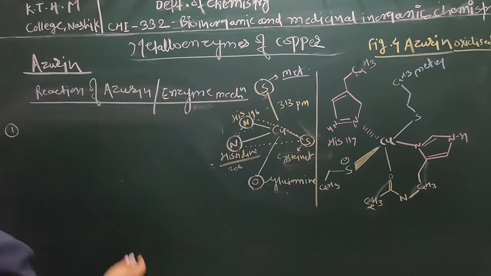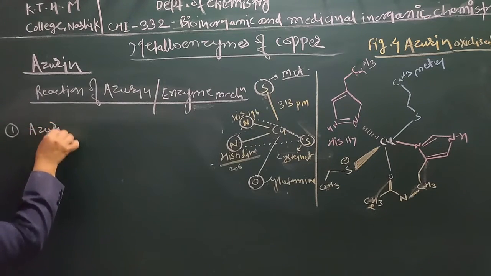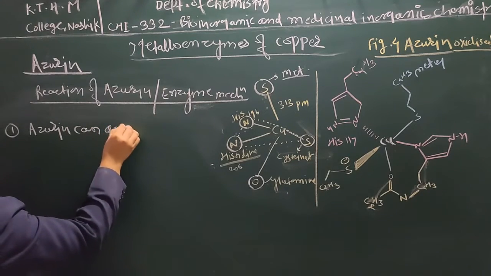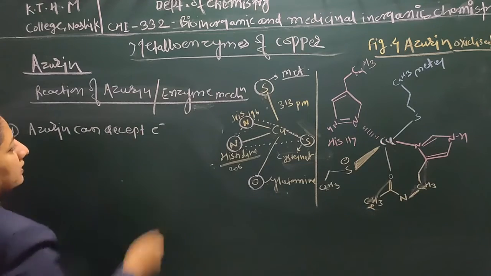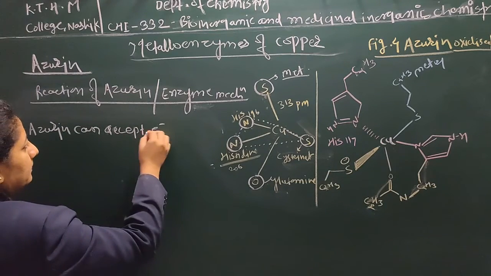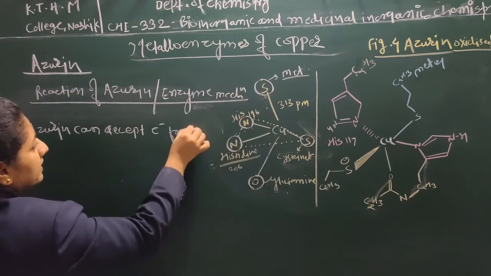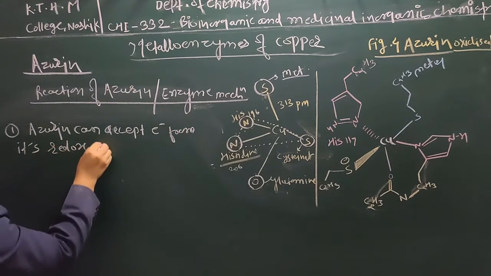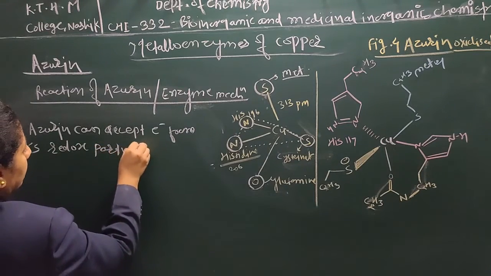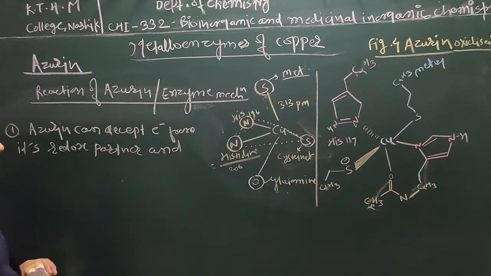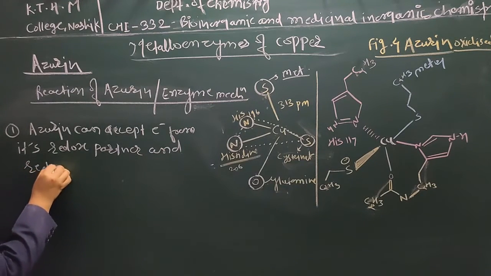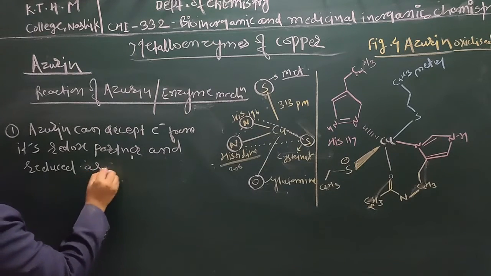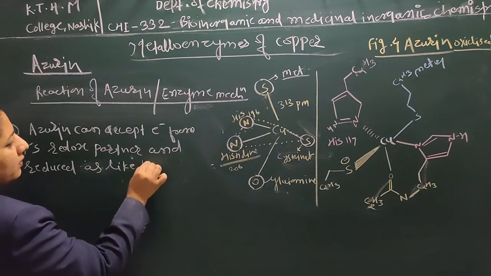So we can say that azurin can accept an electron in its oxidized form from its redox partner and is reduced, as in the following reaction.